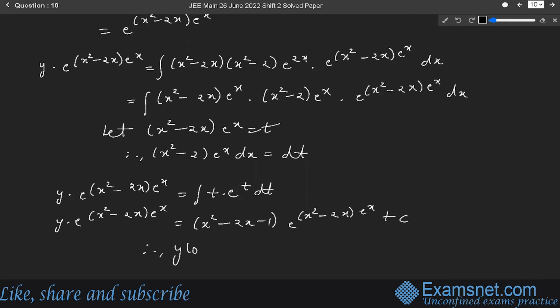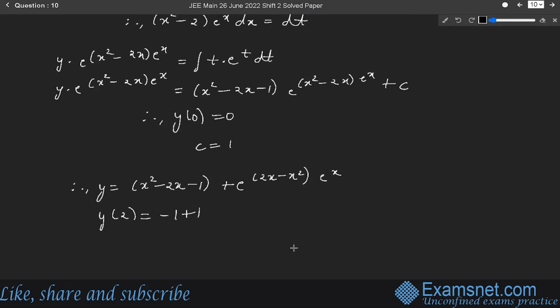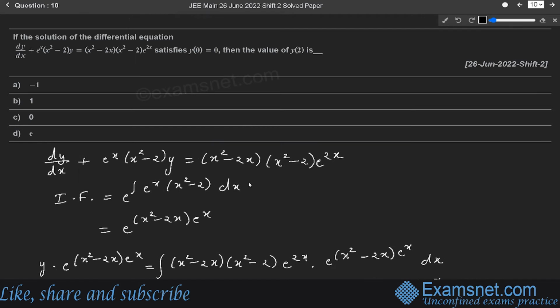Therefore, y(0) will be equal to 0 and c will be equal to 1. Therefore, y will be equal to x² − 2x − 1 + e^((2x − x²) e^x). So y(2) will be equal to −1 + 1, which is equal to 0. Hence, the correct answer for this question is option C, which is 0. I hope this question is clear to you.